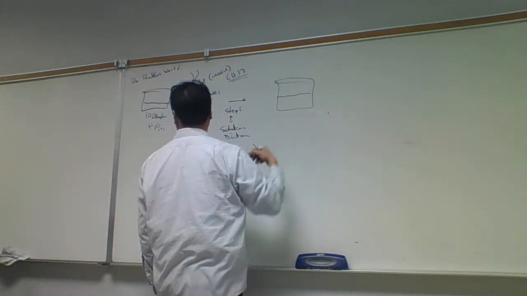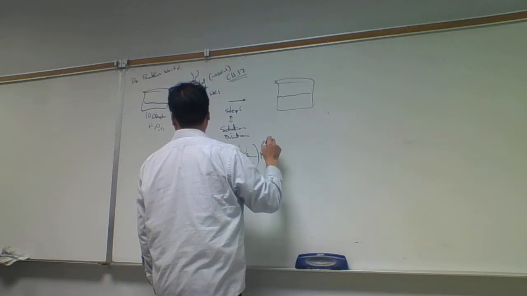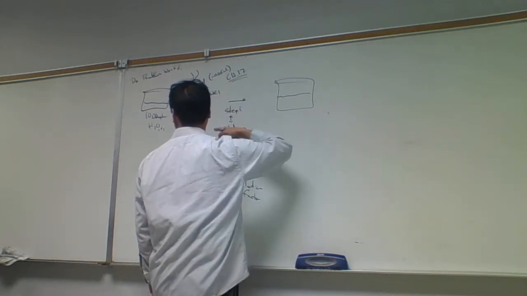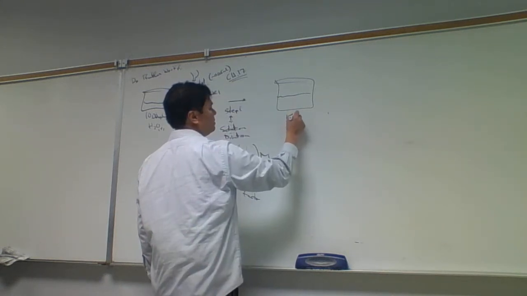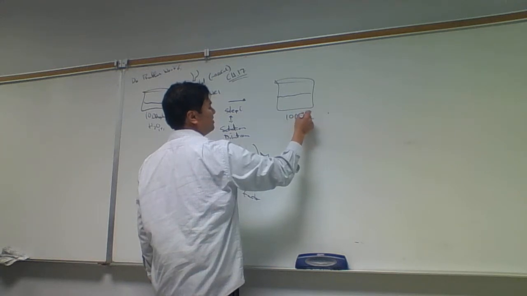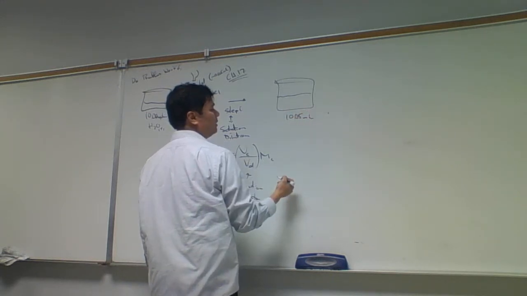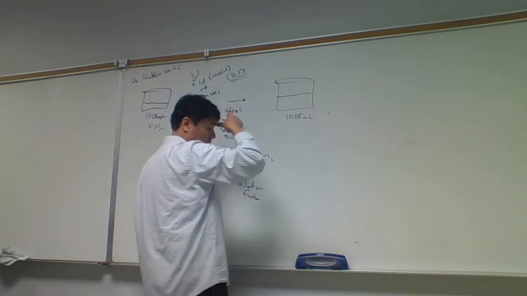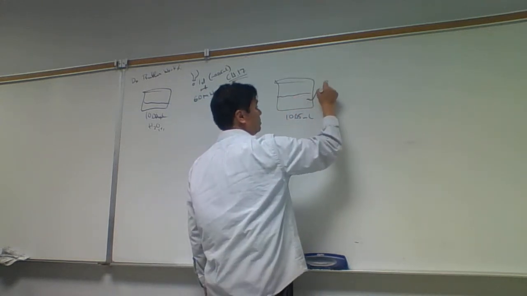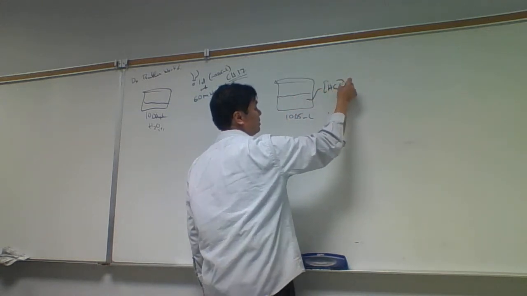And so here, I'm going to have this 6 molar being diluted to a total volume of 10.05 milliliters. And so I need to do the solution dilution, so I need to recalculate the HCl concentration.